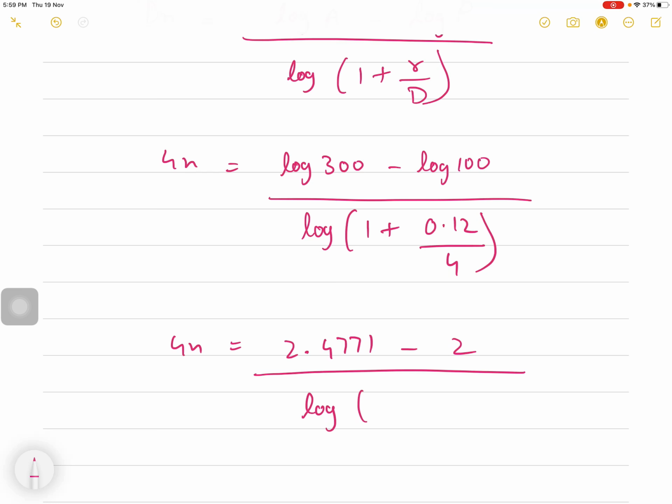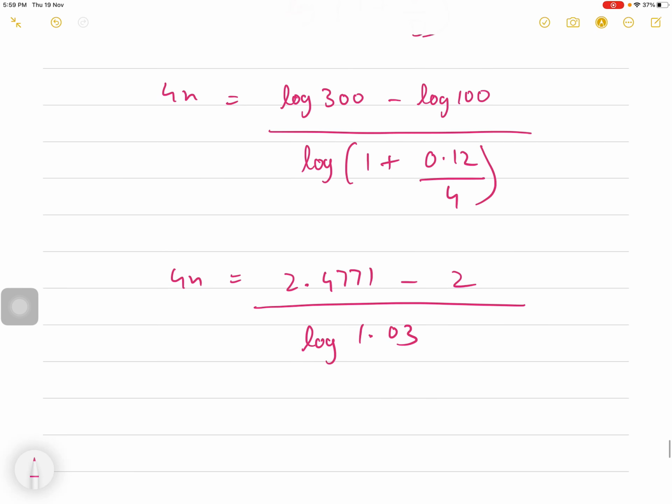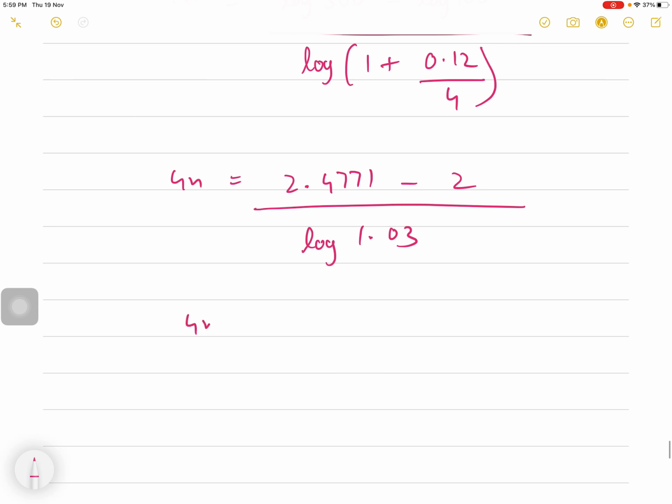Okay. So log 1.03. So 4n is equal to 0.4771 divided by log 1.03. Log 1.03 would be 0.0128.